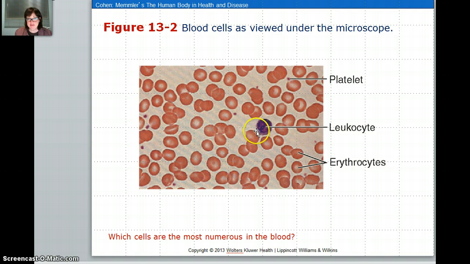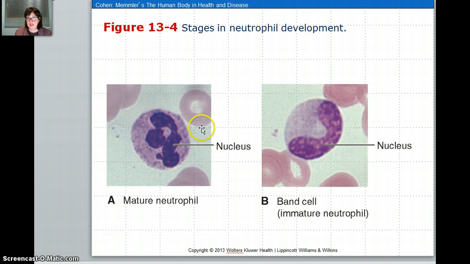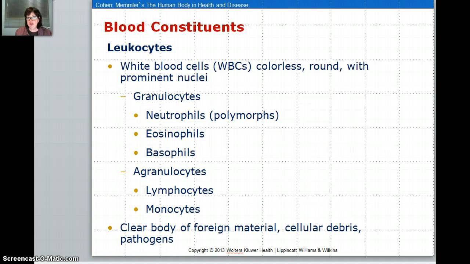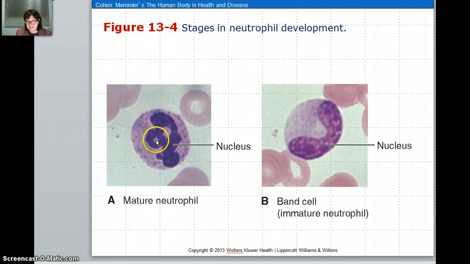The different types of white blood cells have a different type of nuclei. When you look at the nuclei, they can have sort of a barbell shape. They can also have a band shape, and that's in the different stages. When you look at them, they have granulocytes.